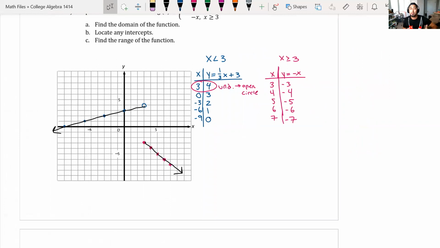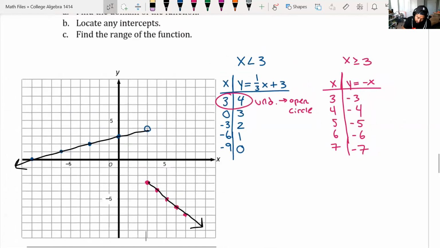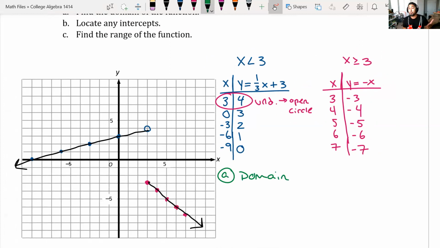We have graphed it. Now the next part is look for the domain of the function. So let's zoom in and look at the domain. And remember, domain starts from left to right, smallest to larger number.